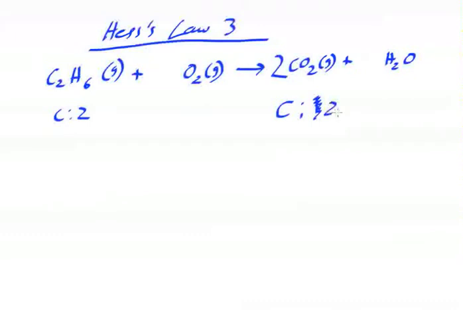Let's look at the hydrogens next. On this side I've got 6 of them, and on this side I've got just 2 of them. So I'll fix that by putting in a 3 there, because 3 times 2 H's is going to be 6. So I've got my carbons and my hydrogens to agree.